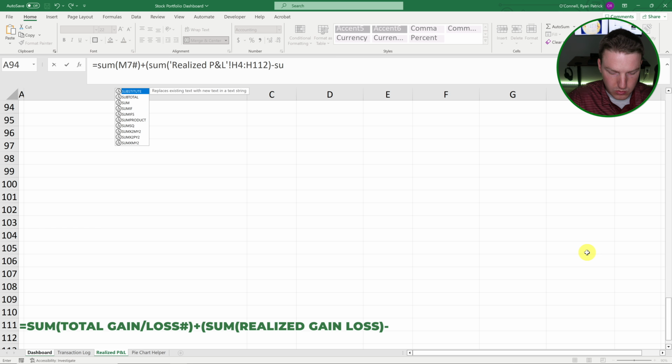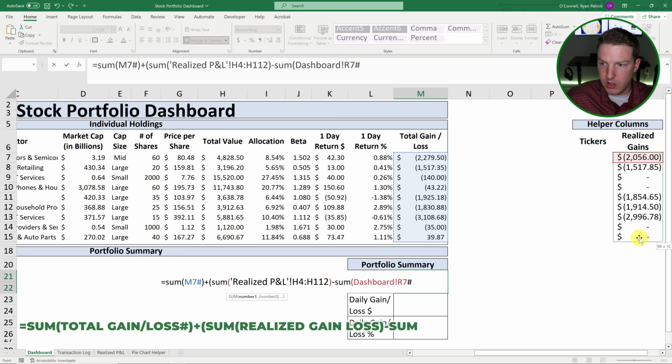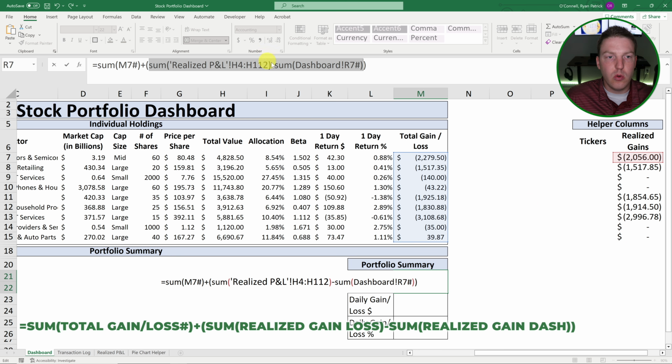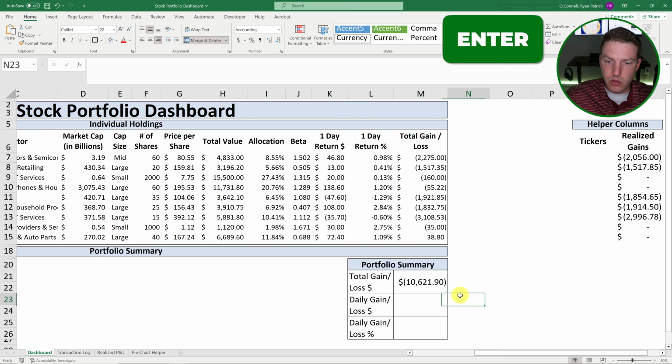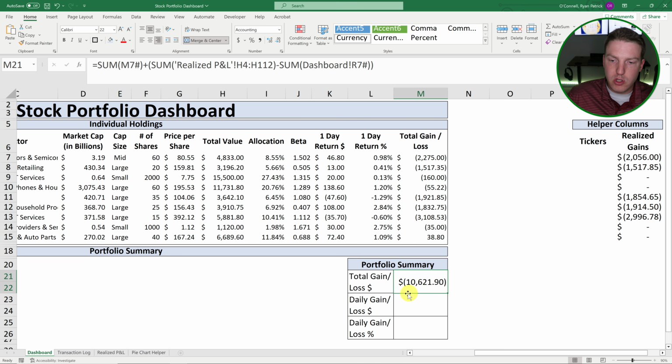And then we'll also subtract the sum of the realized gains or losses that are currently in the dashboard. And basically what this second expression tells us is the gains or losses that we've realized in positions we've already closed out of, and just adding it to our total gains or losses on this dashboard and hit enter. So we can see since the very inception of our portfolio, we have lost $10,621 so far.